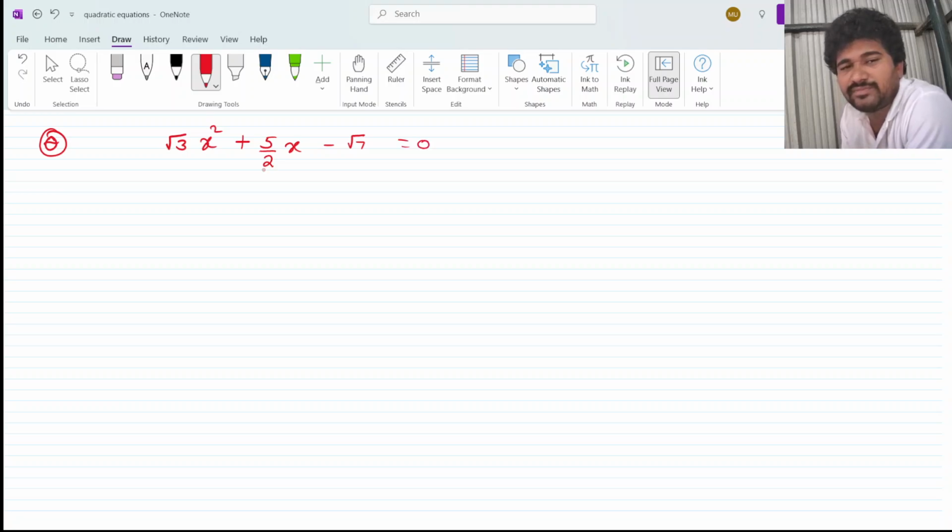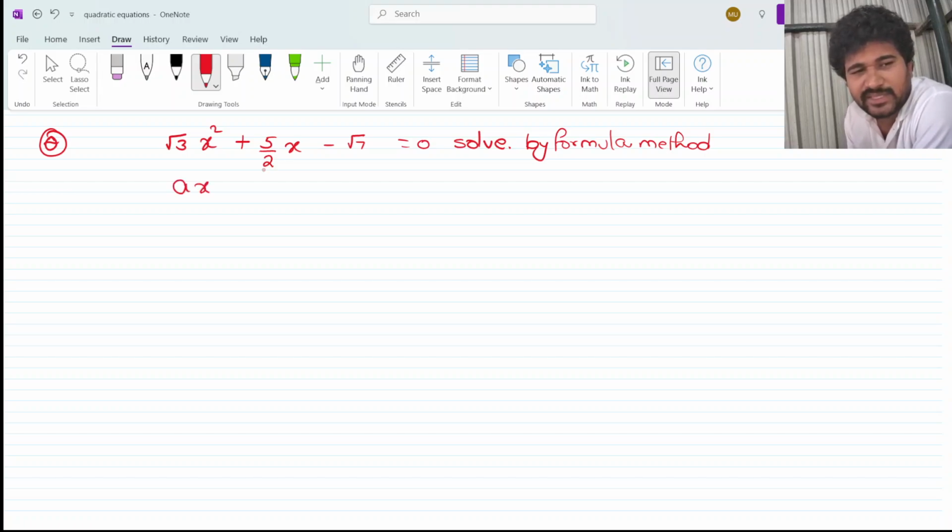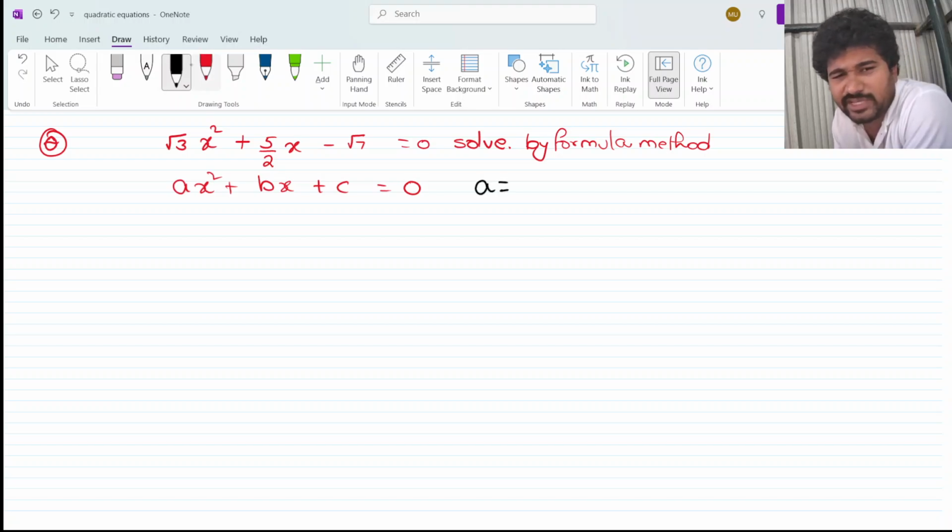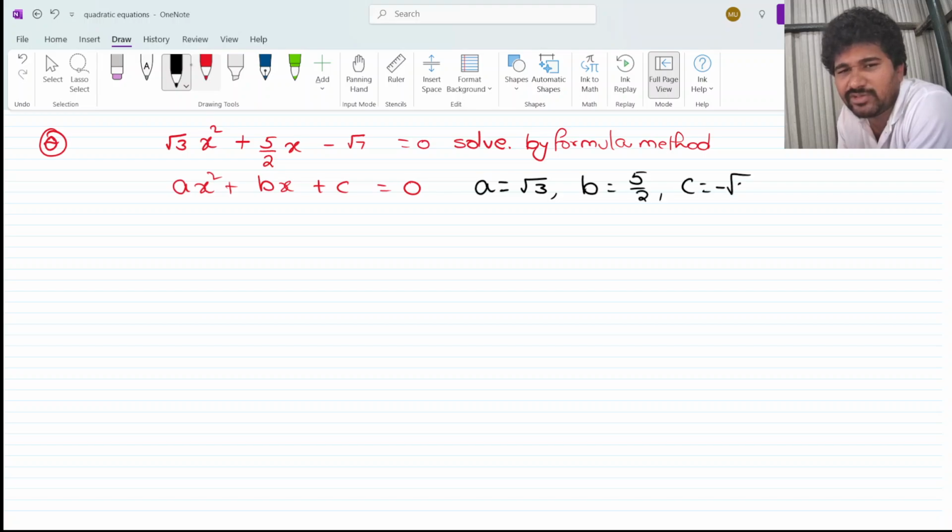Solve by formula method. On comparison with ax square plus bx plus c equal to 0, what is the a value? a is equal to root 3, b is equal to 5 by 2, c is equal to minus root 7.